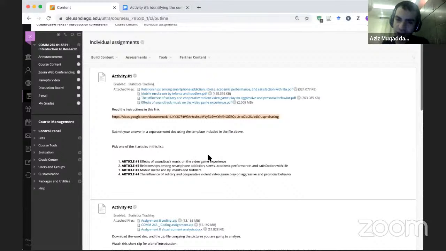So define these vague or technical concepts. They are technical terms, right? The same applies when they talk about satisfaction with life. How do they define satisfaction with life in the article, or stress, or academic performance?